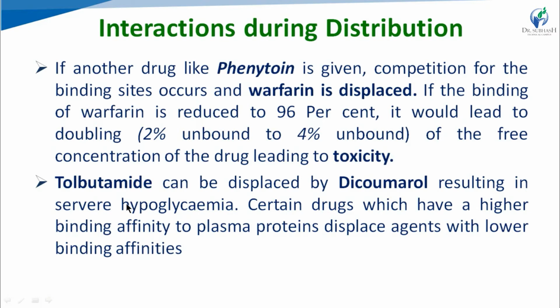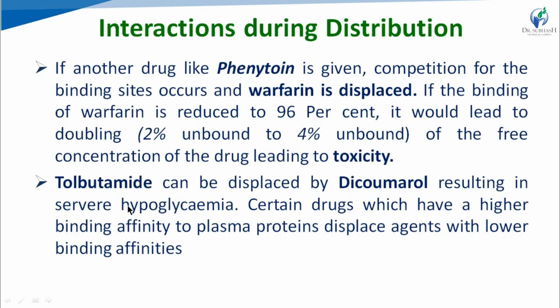Another example is tolbutamide. Tolbutamide is an oral hypoglycemic medication used to treat type 2 diabetes. This tolbutamide can be displaced by dicumarol, which is also an oral anticoagulant, resulting in severe hypoglycemia.